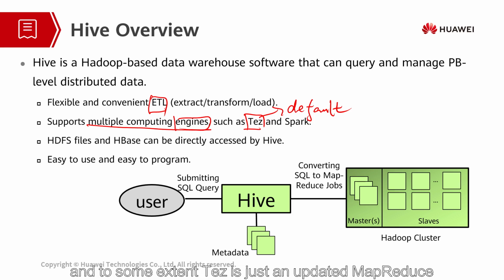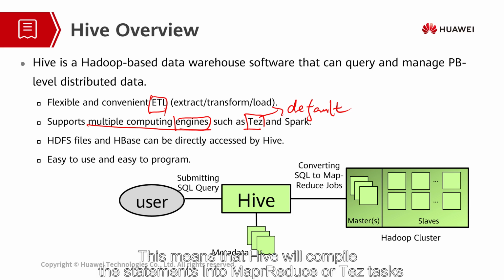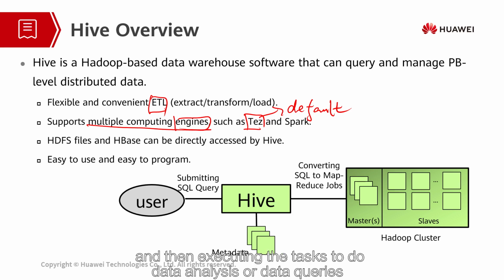To some extent, Tez is just an updated MapReduce. This means that Hive will compile the statements into MapReduce or Tez tasks, and then execute the tasks to do data analysis or data queries.